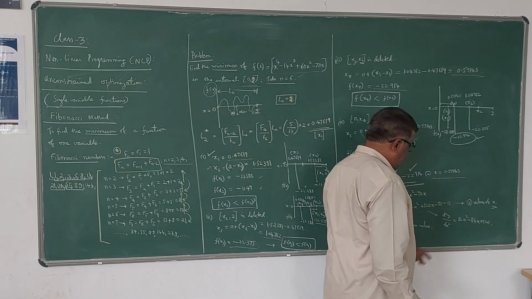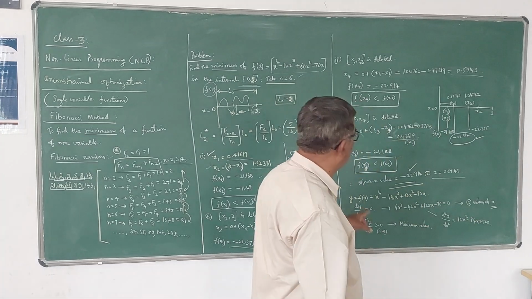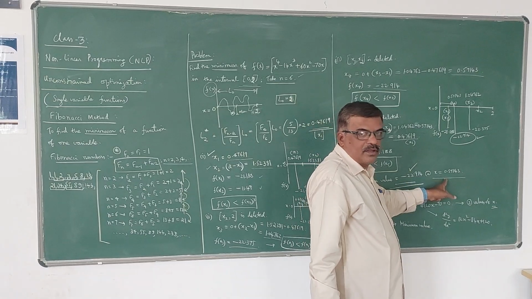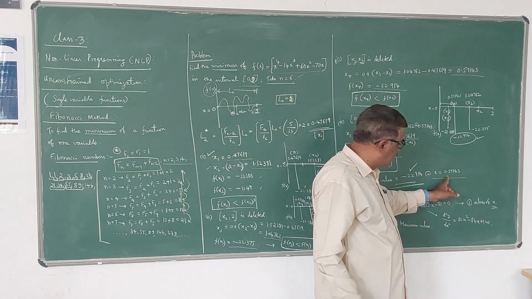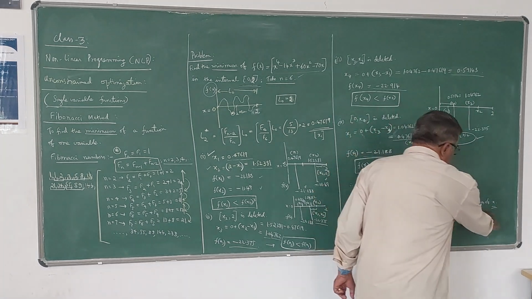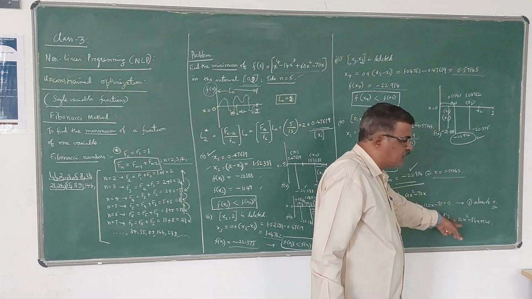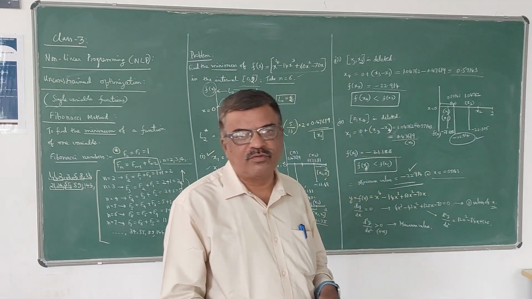Okay. So in this expression, you have to put those 3 values of x. So one value will be this. You may not get exact value, you may get 0.571, something like that. So just put that value here. If this value becomes positive, then it is the minimum value of the function.